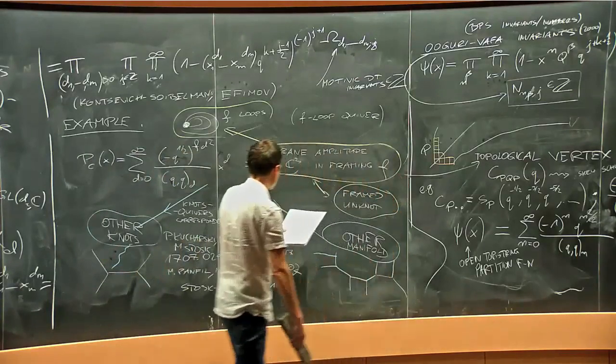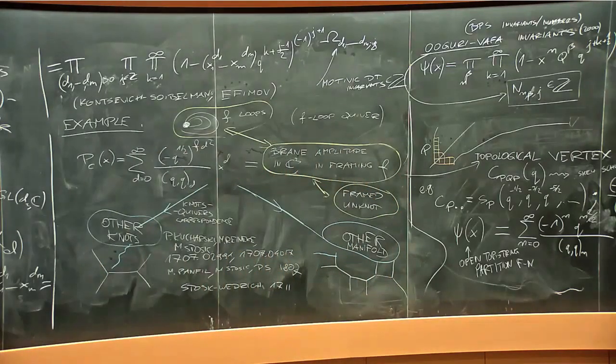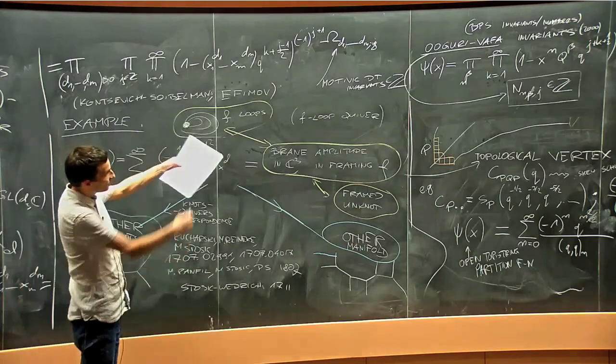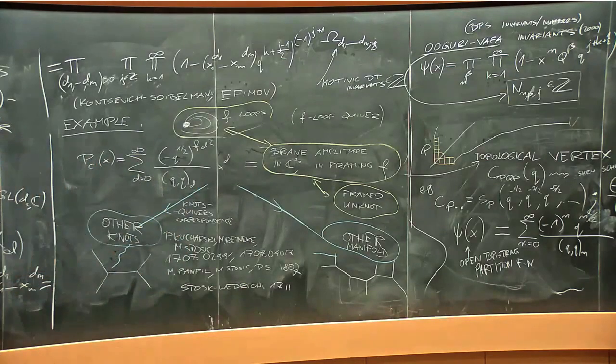Maybe I can also summarize various objects on both sides which are mapped to each other. Or maybe before I do that, let me draw some pictures so that you have a better idea what objects you have to deal with. I already gave one example, this F-loop quiver, which corresponds to this simple brane in C3, or just the unknot. But let me give you some more complicated one.